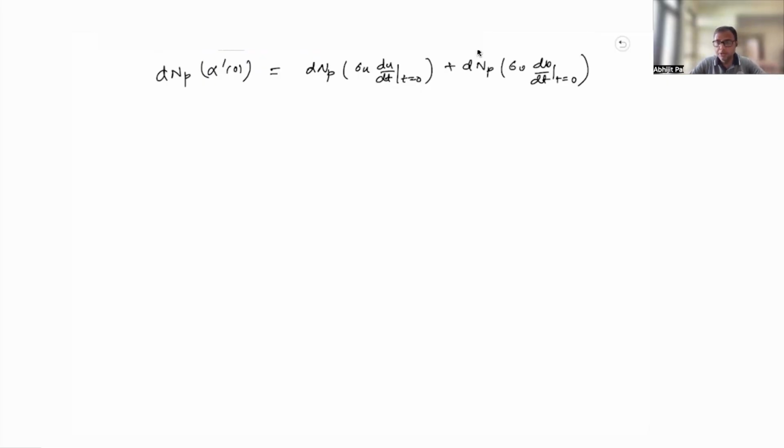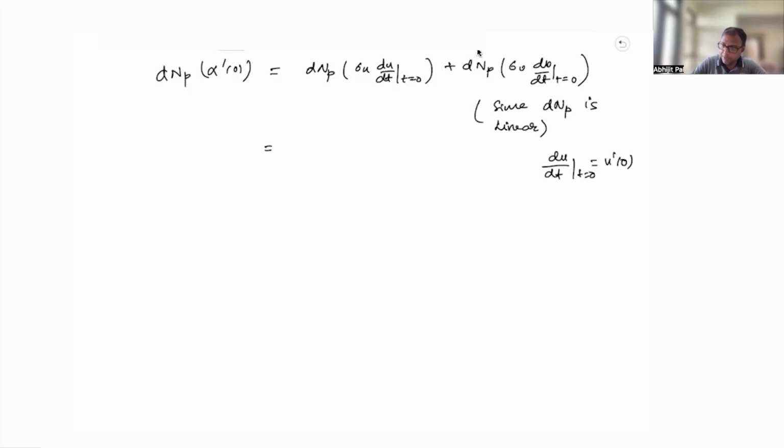This equality holds because dNP is a linear map, so we are using the linearity of this map. So du/dt at t equals 0 is u prime 0, which is a scalar.